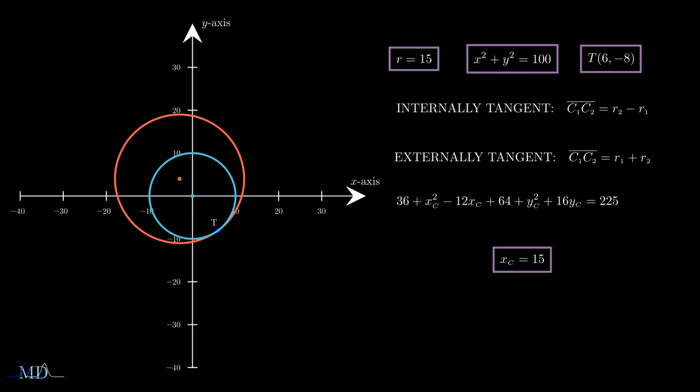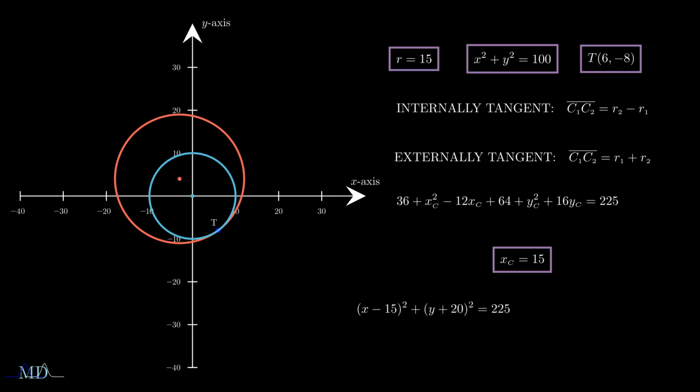Knowing that xc squared plus yc squared equals 625, we obtain two possible values for yc: minus 20 and plus 20. These two values correspond to two different circles.